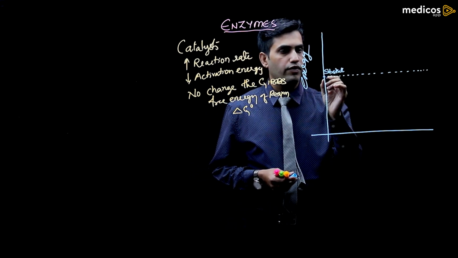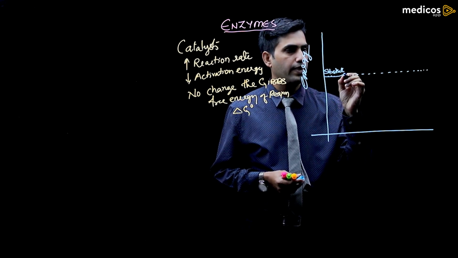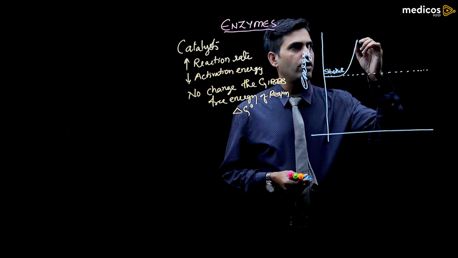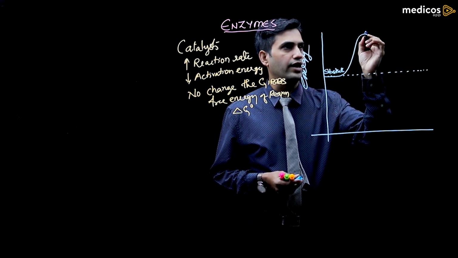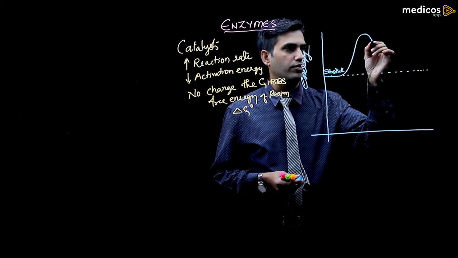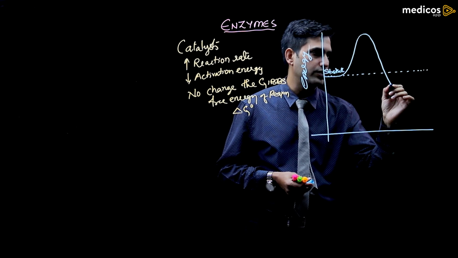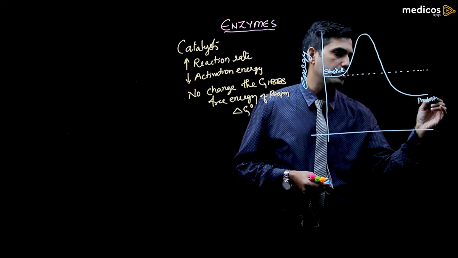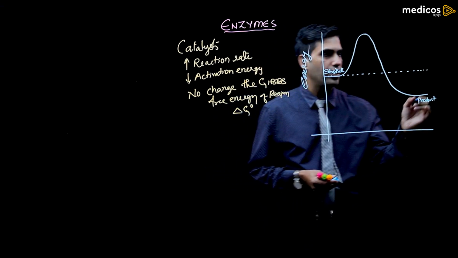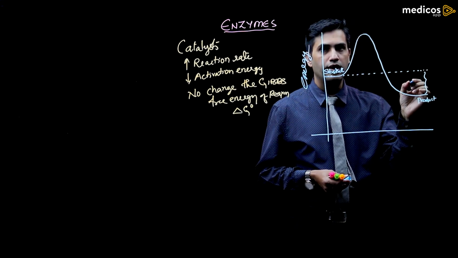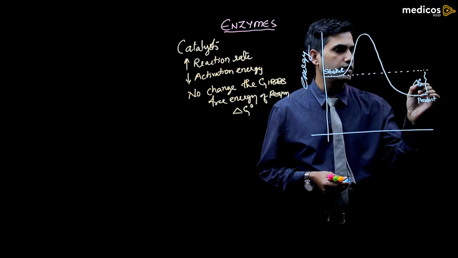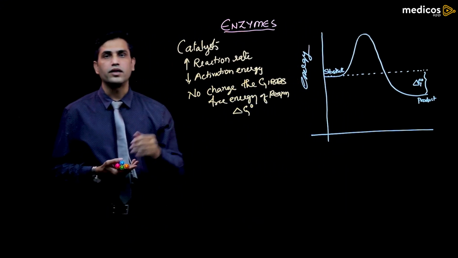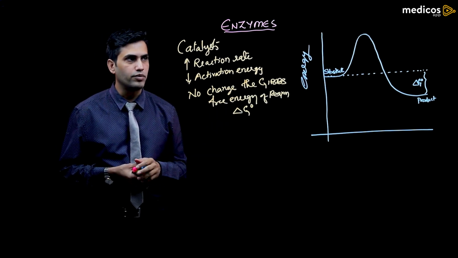Now, if you add the enzyme, a lot of energy is required for it to get activated to form the product. Once the product forms, this is the product that is formed. And this is your delta G0, that is your Gibbs free energy, or the energy that has been produced during the reaction, that is the conversion of substrate to product.